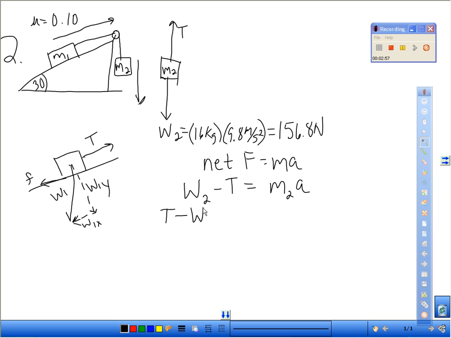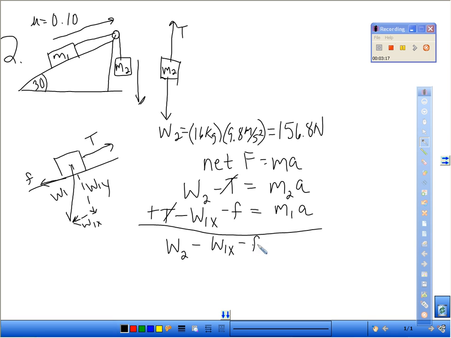I have negative W1x, and I have negative friction equals M1A. I'm going to add those two up. My tensions will cancel. So my total equation is W2 minus W1x minus friction equals M1 plus M2 times A.